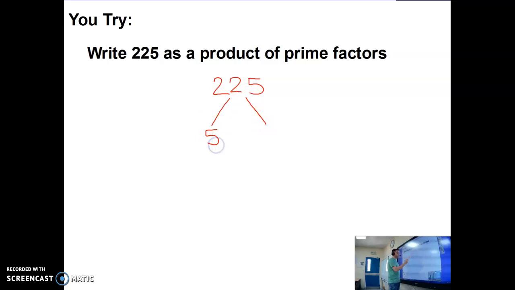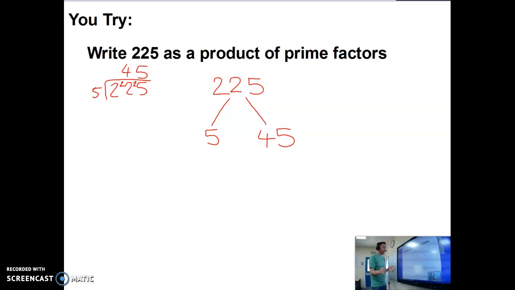But I don't know how many 5s go into 225 off the top of my head, so you might need to do a little bit of short division. 5s into 22, that's 4, remainder 2, 5s into 25 is 5. For some of the larger numbers, you are going to need to do a little bit of short division to get it going. All right, pause that, finish that one off yourselves.